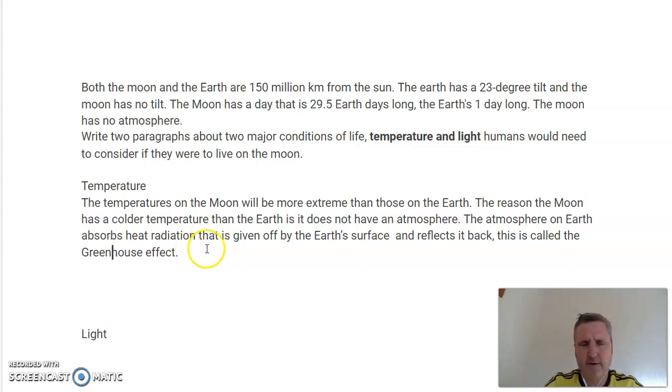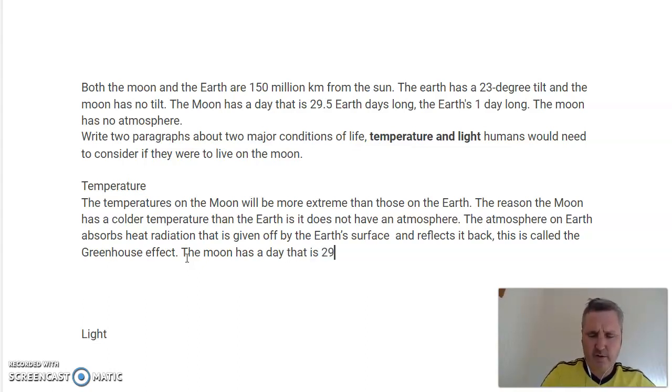So another reason that the Moon might get cold, and this will explain why also the Moon gets very hot. So the Moon has a day that is 29.5 Earth days long.